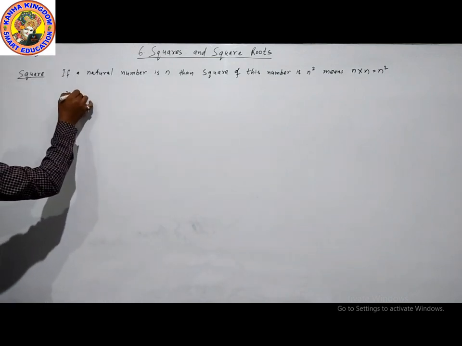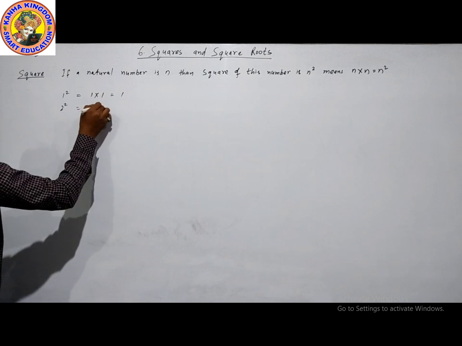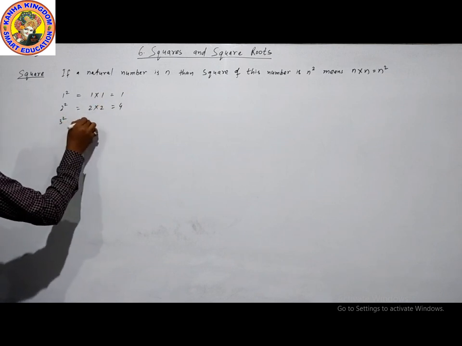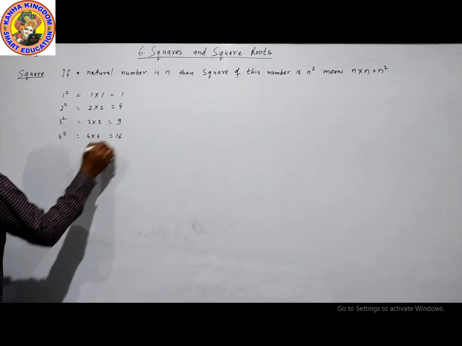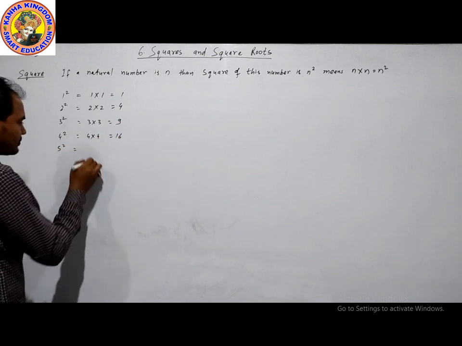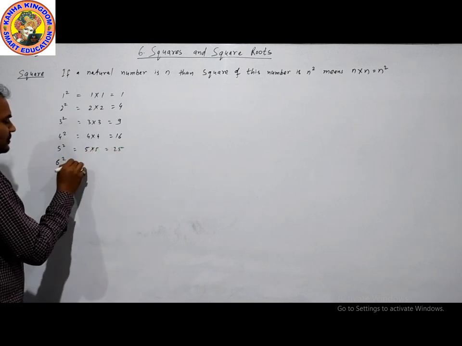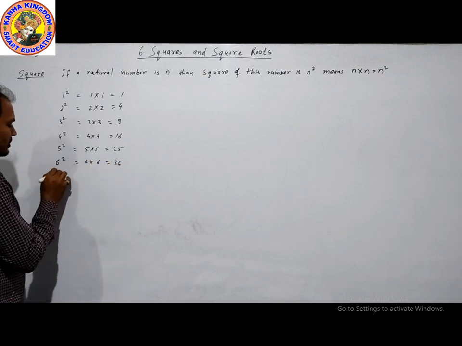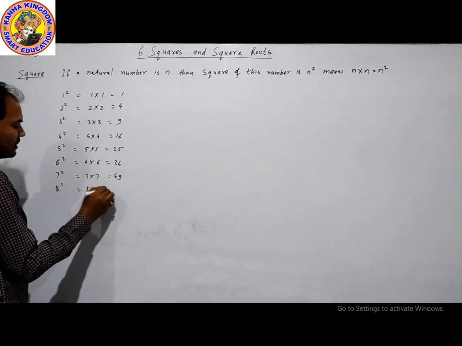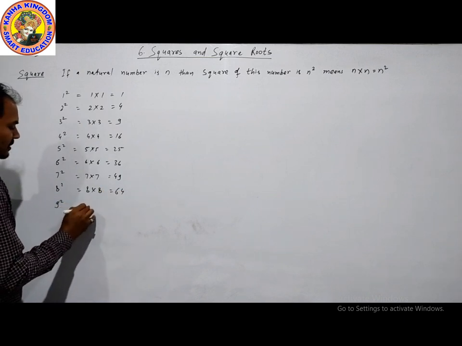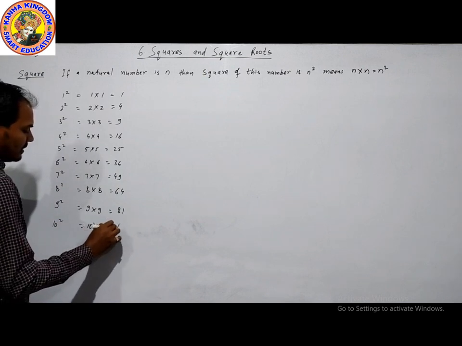Let's take a table. 1 square means 1 into 1, which is 1. 2 square means 2 into 2, which is 4. 3 square is 3 into 3, 9. 4 square is 4 into 4, 16. 5 square is 25, 6 square is 36, 7 square is 49, 8 square is 64, 9 square is 81, 10 square is 100.